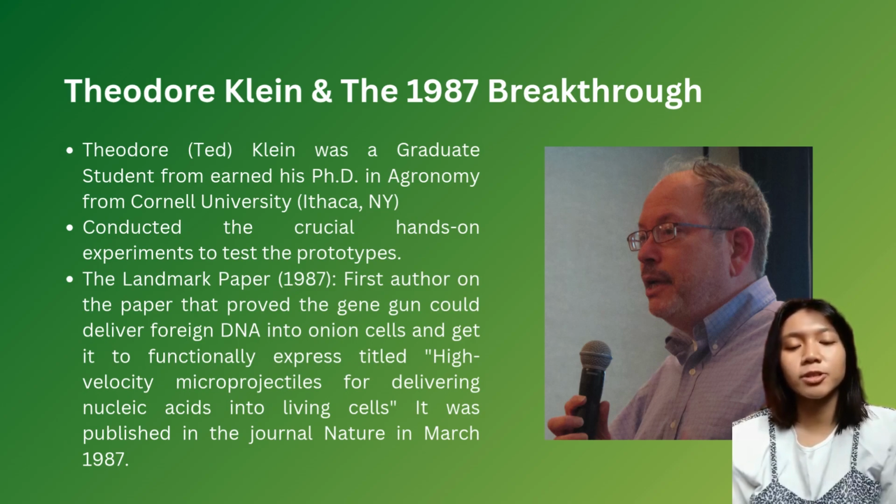He conducted crucial experiments and became the first author of a landmark paper published in Nature in 1987 titled High Velocity Microprojectiles for Delivering Nucleic Acids into Living Cells. This publication officially demonstrated that the gene gun could successfully deliver foreign DNA and make it express inside cells.